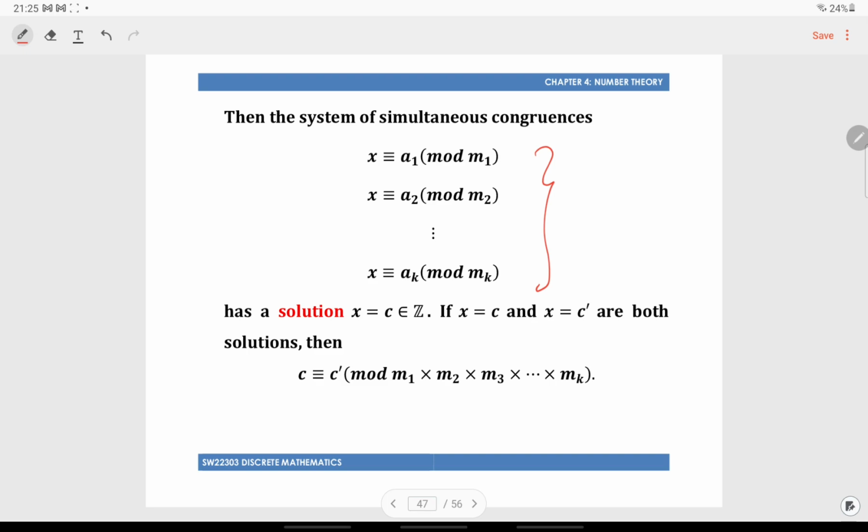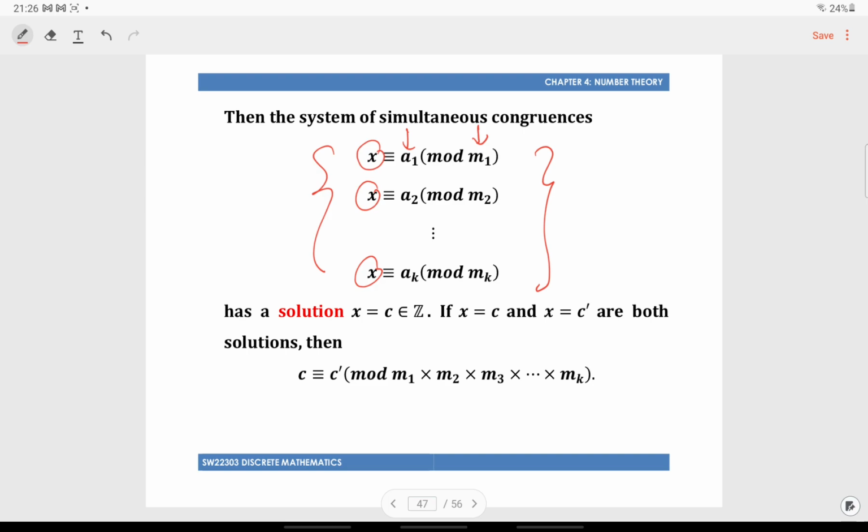has a solution x. So now we are given all these values A1 up to Ak and M1 up to Mk. Our task is to find the unknown x which can solve all these congruence relations simultaneously. So we are looking for the value of x because x is the solution. The solution is an integer.